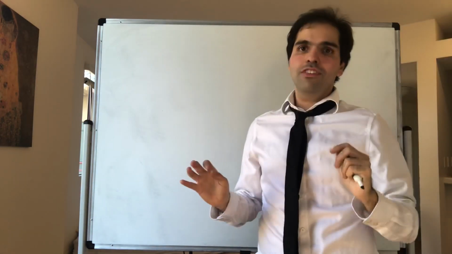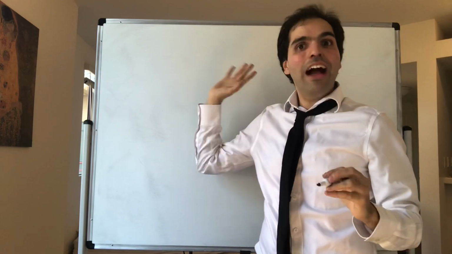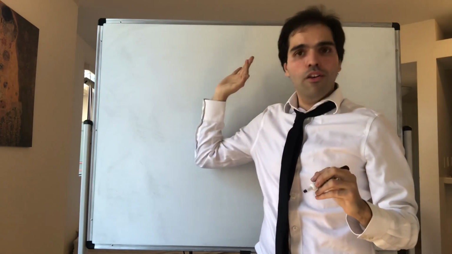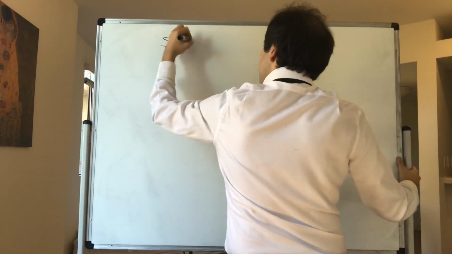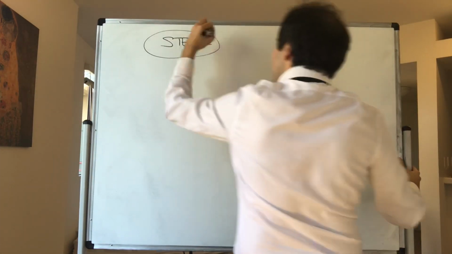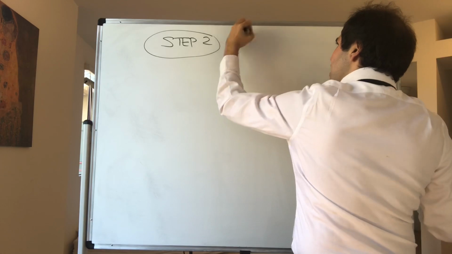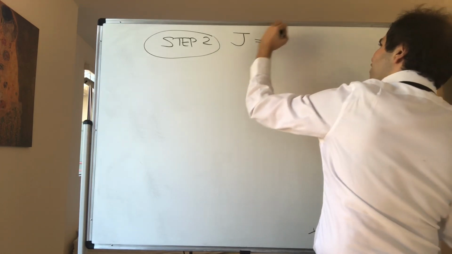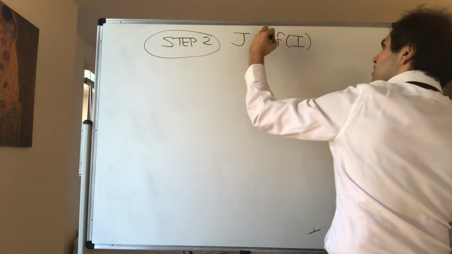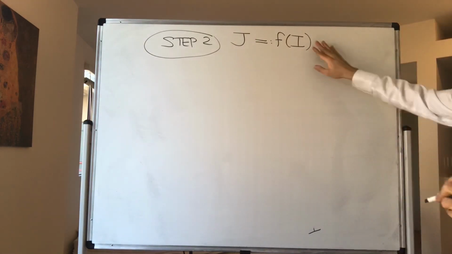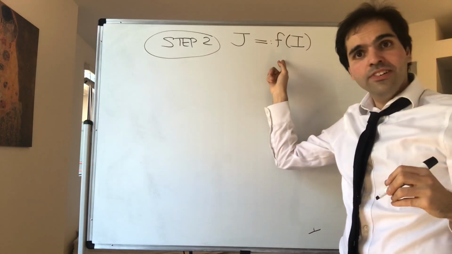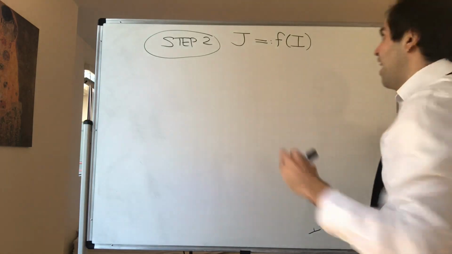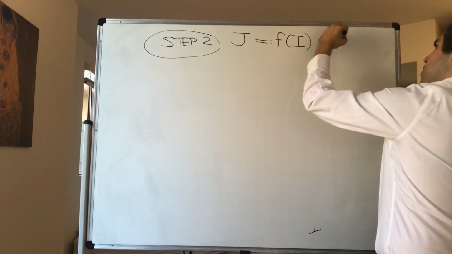Now that we've proven the little fact, let's go back to our essential goal and show that our function is continuous. So step 2. Just a little bit of notation to make things easier. Let J be f of I. In particular, notice since I is an interval and f is continuous, I have shown that f of I is an interval as well.